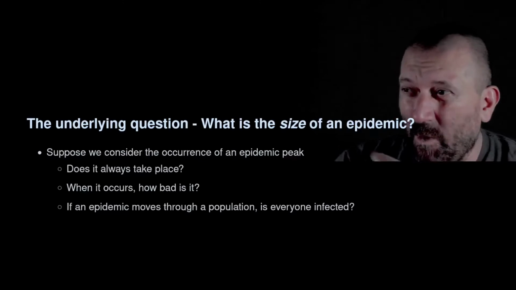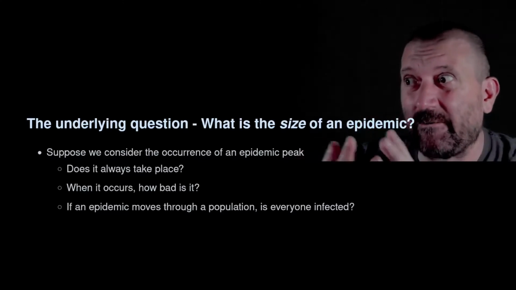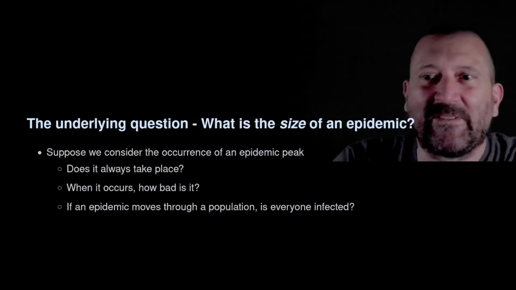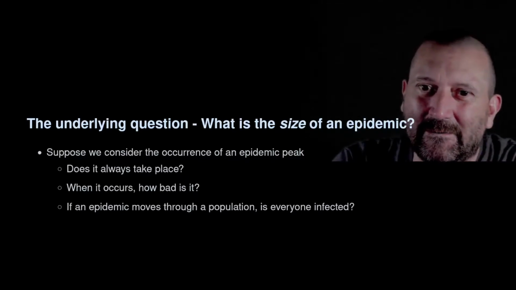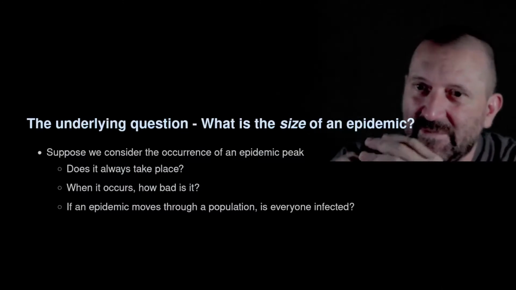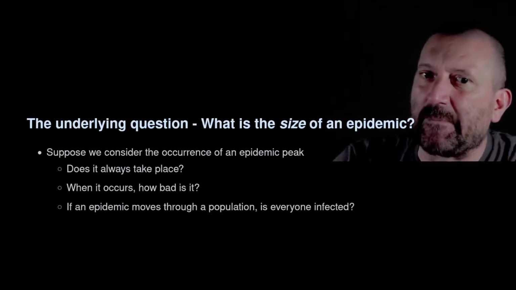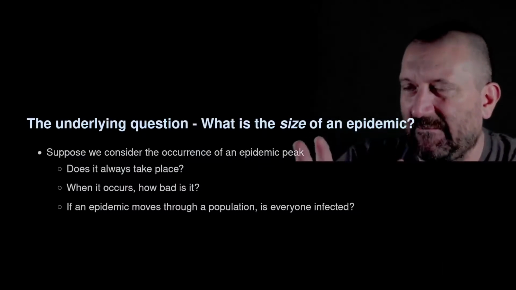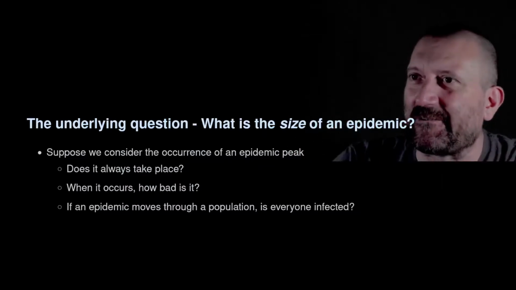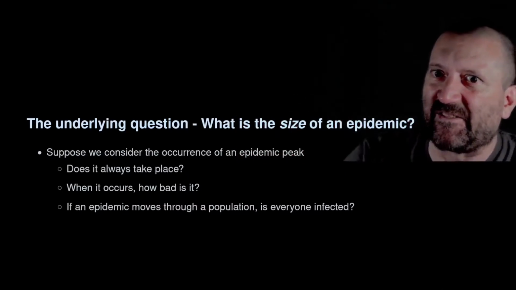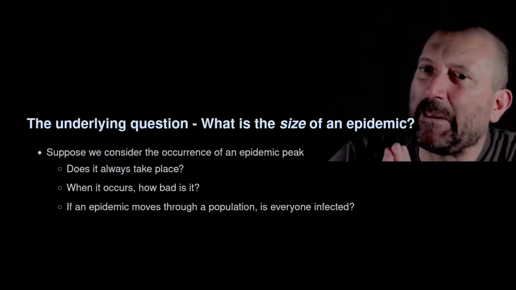So what underlies the original problem that Kermack and McKendrick considered in their 1927 paper is the following. Essentially, their question is, what is the size of an epidemic? And I made that distinction in the first lecture, that there are epidemics and endemics. And here we're really thinking about epidemics.